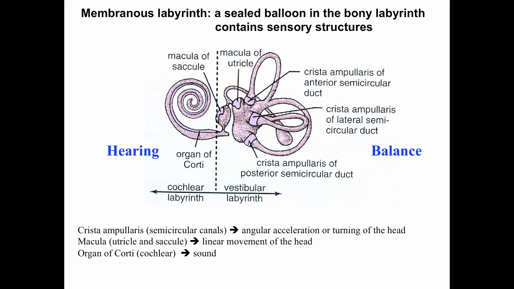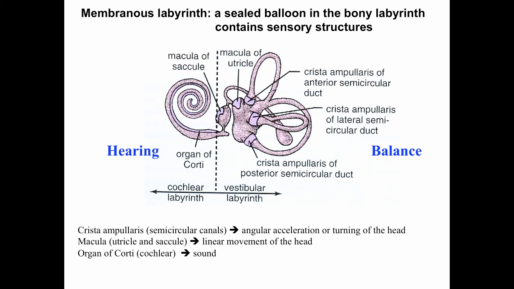The membranous labyrinth, as we said, is a sealed balloon within the bony labyrinth, and it contains the sensory structures. And the membranous labyrinth has two components: a vestibular labyrinth, which is for balance, and a cochlear labyrinth, which is for hearing. The vestibular labyrinth contains crista ampullaris, which are in the semicircular canals. These detect angular acceleration or the turning of the head.